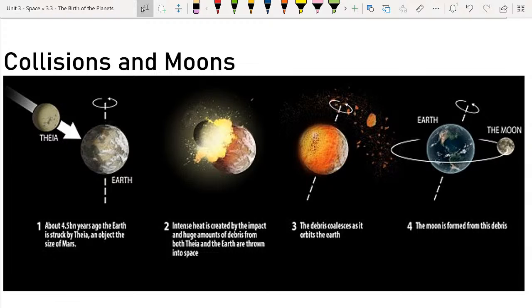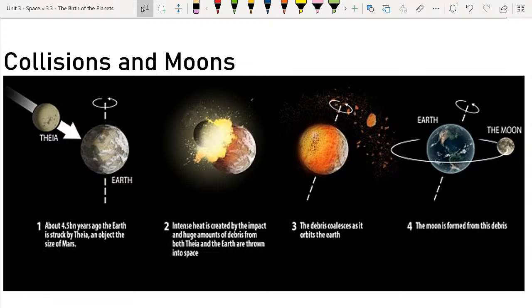We were spinning how we'd always been spinning. And when this collision happened, Theia knocked Earth, it hit hard enough that the whole planet went boom, like this. 23 degrees. It doesn't show it here, but a 23-degree tilt. Earth is tilted 23 degrees on its side all the time relative to the sun, and scientists are mostly confident that the reason that happened is because of the collision with Theia.